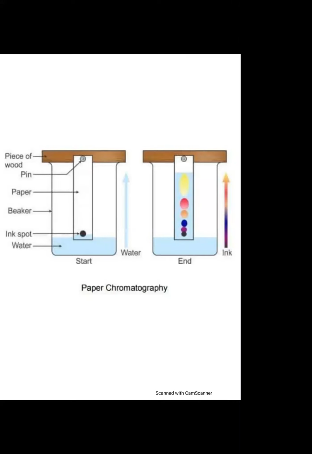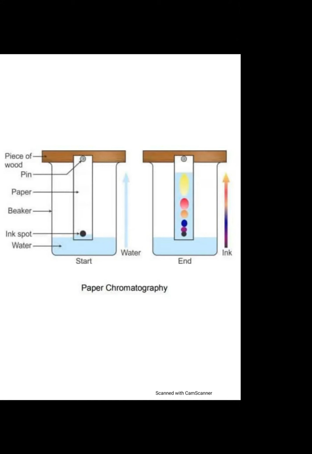Aditya, tell me. I have two doubts. The first doubt is, in the second diagram, at the end part, the paper has more water but less color. So it is just absorbing the water without separating the ink.